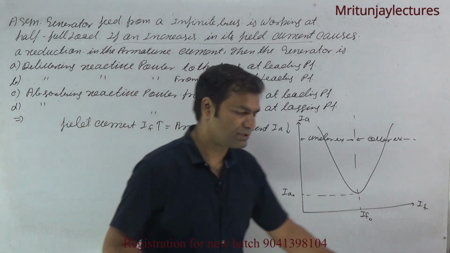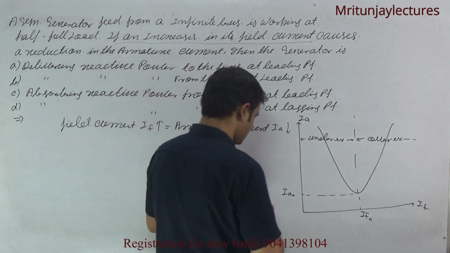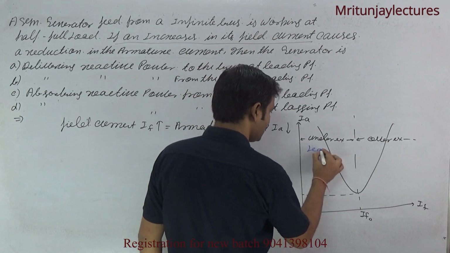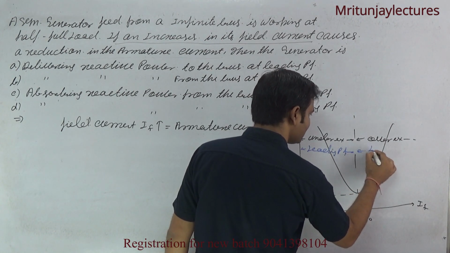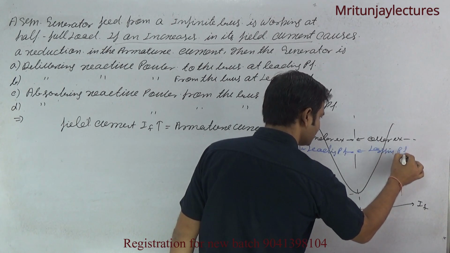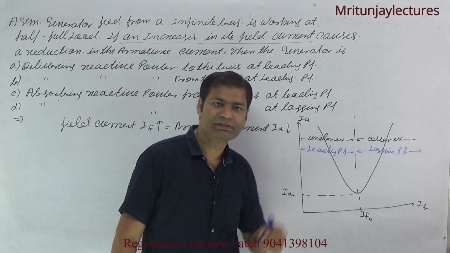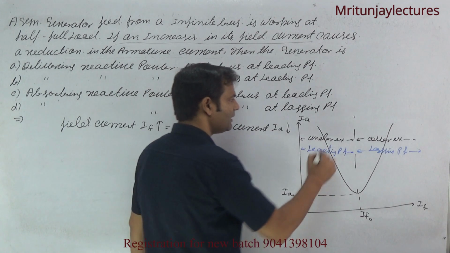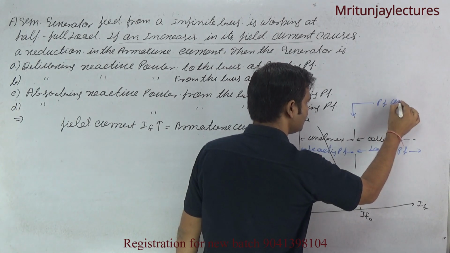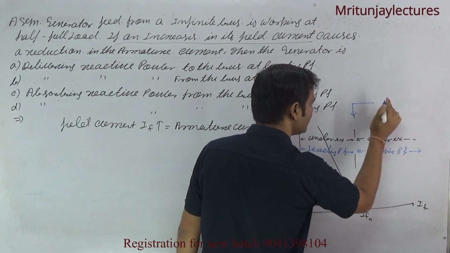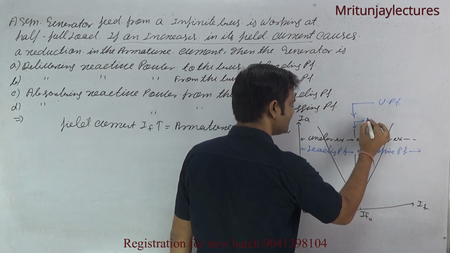We are focused on the synchronous generator. In a synchronous generator, under excitation is leading power factor, and over excitation is lagging power factor. Clear? This region is leading power factor and this region is lagging power factor, and this one, where power factor is unity, is called UPF, also called nominal excitation.